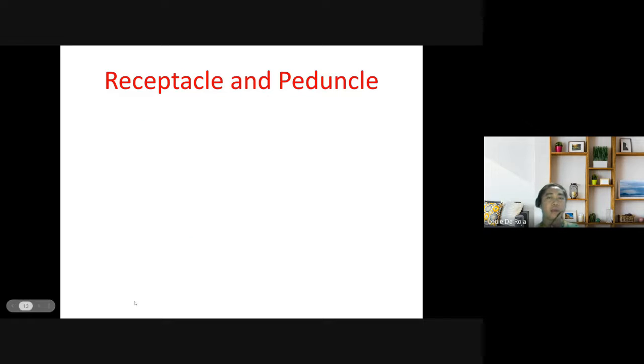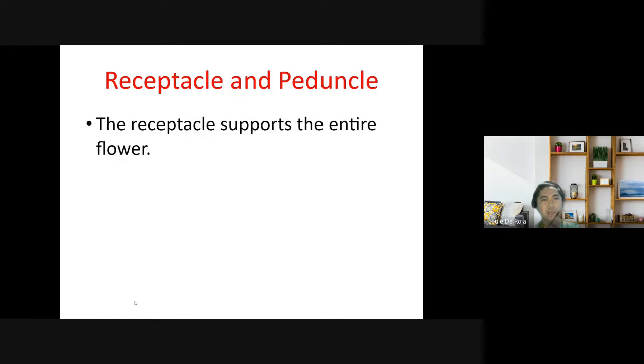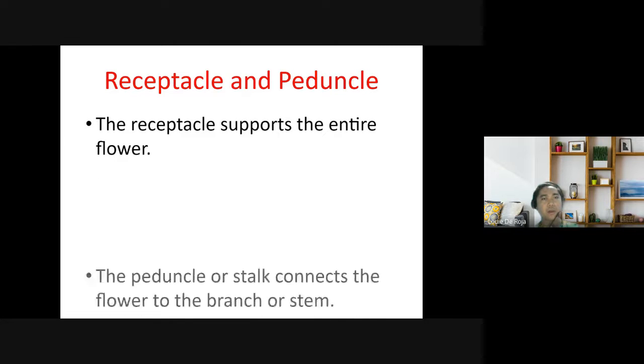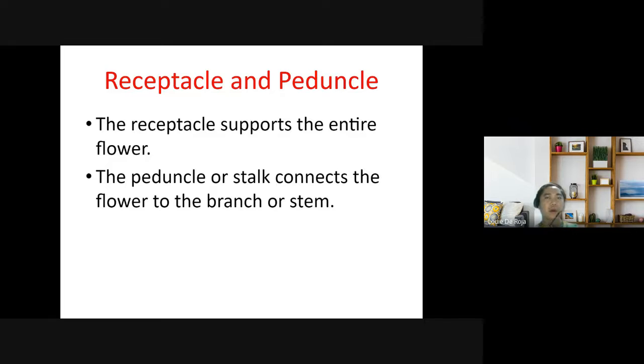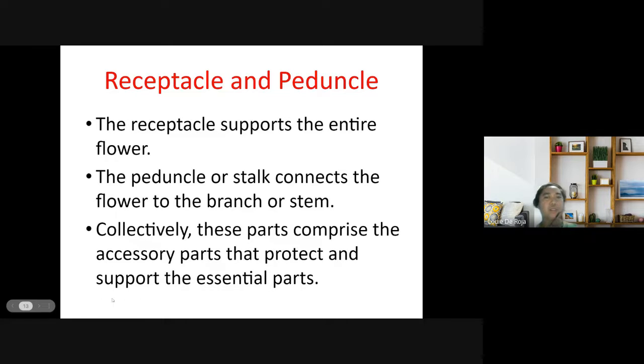Next is receptacle and peduncle. The receptacle supports the entire flower. The peduncle or stalk connects the flower to the branch or stem. Collectively, these parts comprise the accessory parts that protect and support the essential parts.